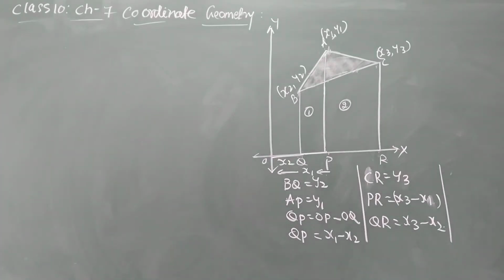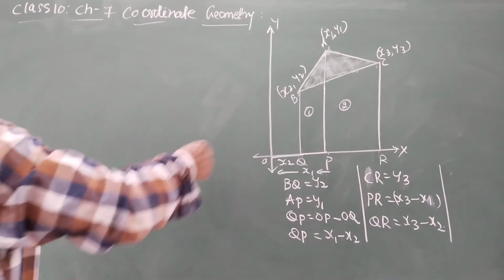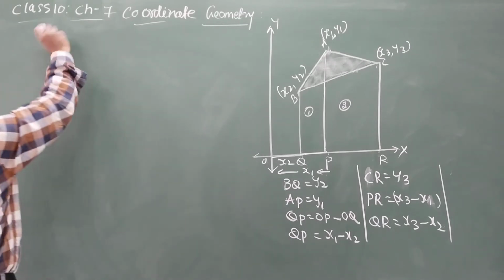Which trapeziums do we have to add? The area of trapezium ABQP plus the area of trapezium APRC. Then we subtract the area of BQRC from those two, and we get the area of the triangle.